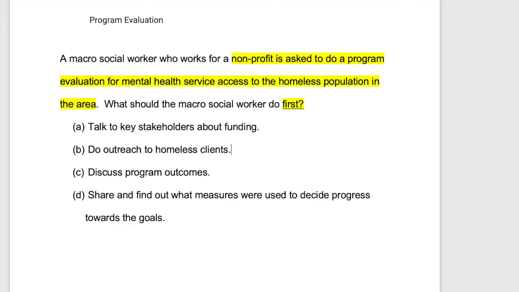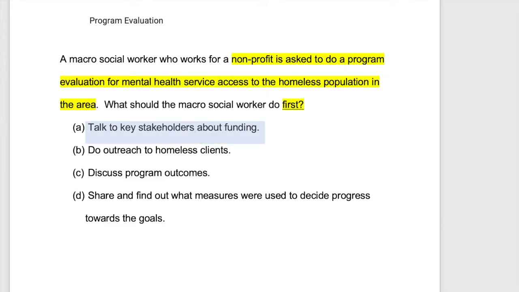So talking to key stakeholders about the funding is not necessarily something that you do in program evaluation as a first step. Let's look at option B. If we're doing the process of elimination, we can go ahead and cross this out.